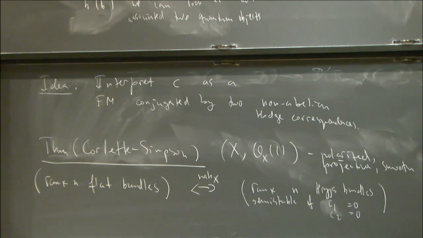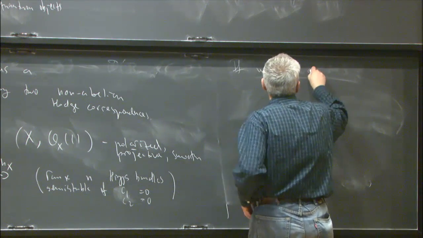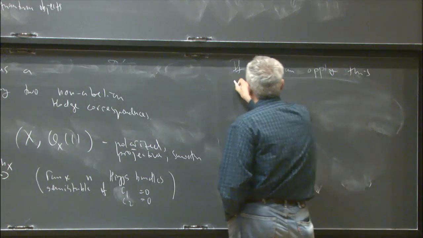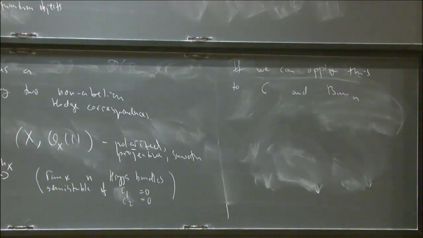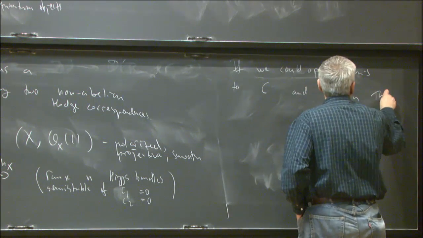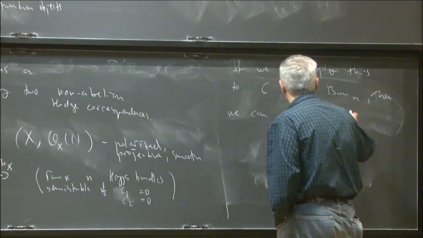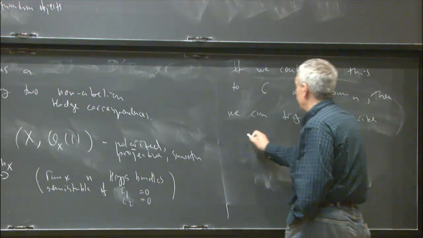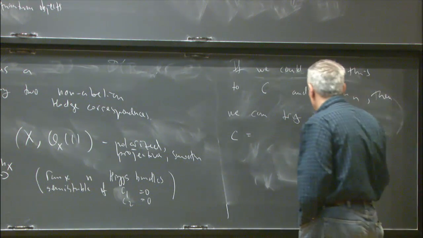So if you imagine we can apply this to C and to Bun N, then we can try to describe the mirror symmetry or the Langlands correspondence in this case as a composition.